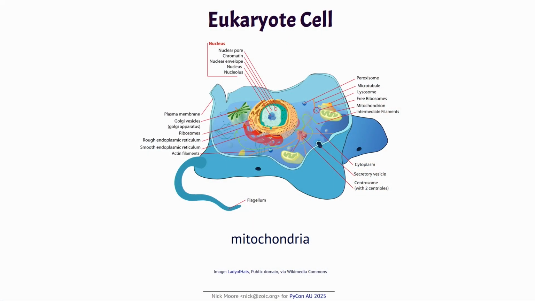So inside a eukaryote, which I should just explain, includes animals and plants and yeasts and slime molds and all sorts of things, and humans, so that's nice. Inside the eukaryote cell, we actually have a lot of encapsulation going on. We have a nucleus, which is like the central, most defended part of the cell.